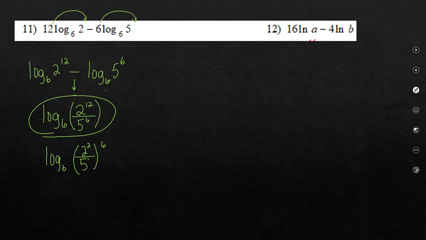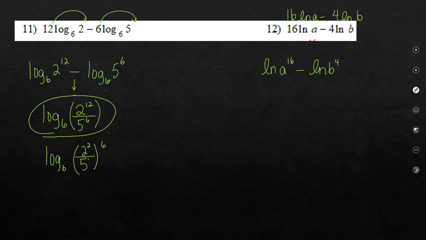This is not 16 1n. This is 16 times the natural log of a minus 4 multiplied by the natural log of b. So now that we see it better and we're not mixing up the ones and the l's, then we're going to go ahead and take those coefficients, the 16, and make it a power for that first log, and the 4 and make it a power for the second log.